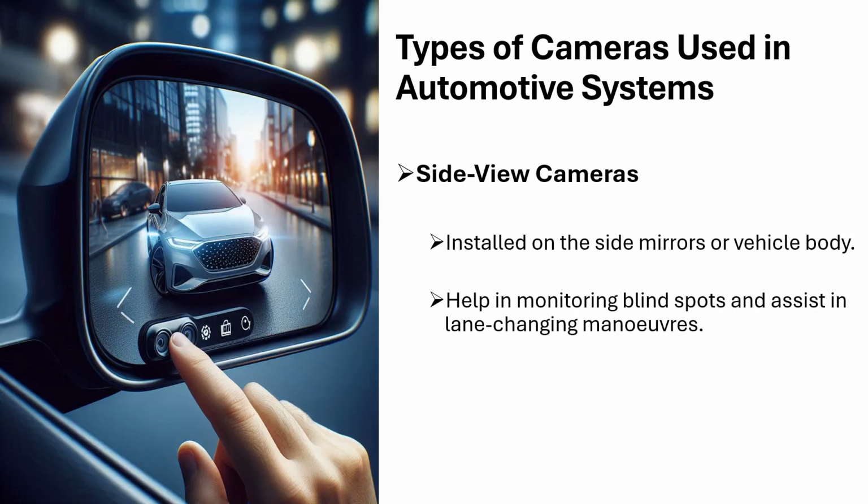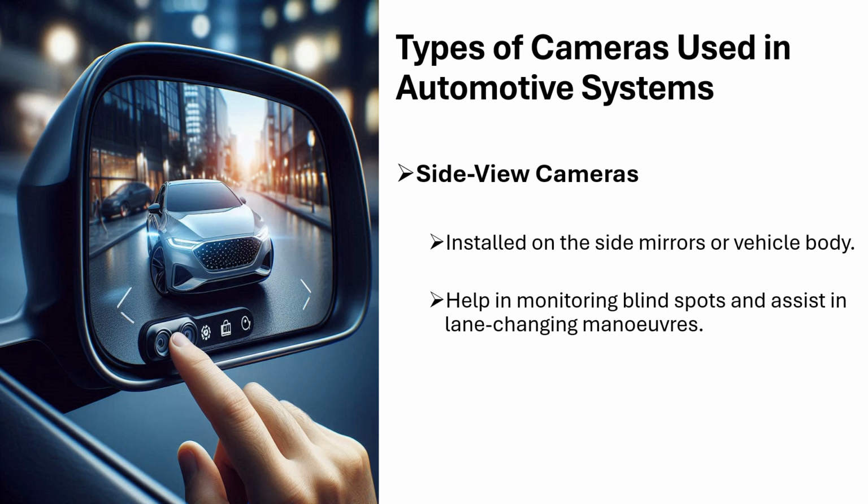Then side view cameras are installed on the side mirrors or the vehicle body. If you are on the driver's seat, they are fitted on the mirrors on your right side and left side. They are very small and help in monitoring blind spots and assist in lane changing maneuvers. Some vehicles don't even have the mirror, they just have the camera, and on the dashboard you can see immediately what is on the right and left side.